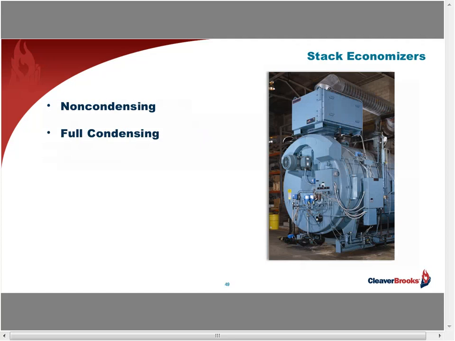Economizers can be either non-condensing or full condensing type, but in either case, they are preheating boiler feed water from the boiler's feed system and putting the additional heat from the stack into the boiler. Now, in the case of the full condensing unit, it has two sections, one for the boiler feed water and another section for a cold water supply from another source which requires heat.